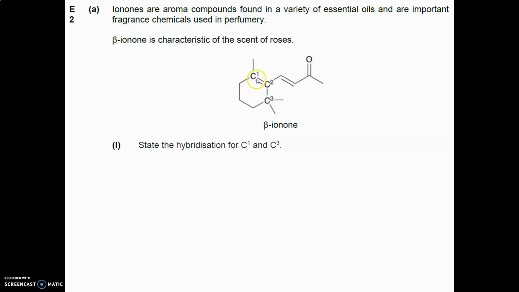For C1, you notice there are 3 bond pairs around C1, which suggests that it is sp2 hybridization. Whereas for C3, there are 4 bond pairs around it, which suggests that it is sp3 hybridization.